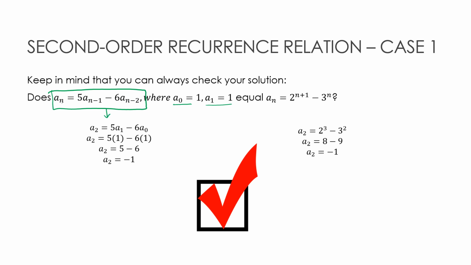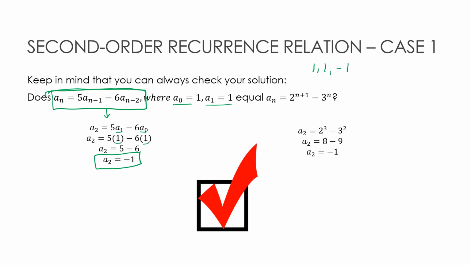A sub 2 would be 5 times a sub 1 minus 6 times a sub 0 based on this equation. A sub 1 is 1. A sub 0 is 1. So really I end up with 5 minus 6 or negative 1. So I know that my next value should be negative 1.